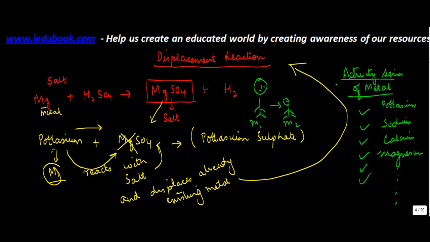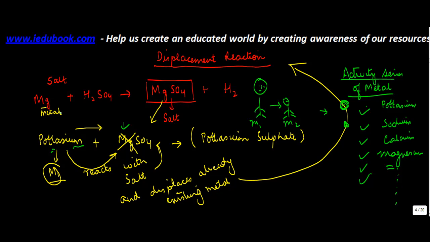This order basically indicates which is the stronger guy. So let's say potassium is the strongest, then sodium, then calcium, then magnesium. So if potassium, which is the case here, reacts with a salt which contains magnesium, then it will be able to displace magnesium out of this salt.